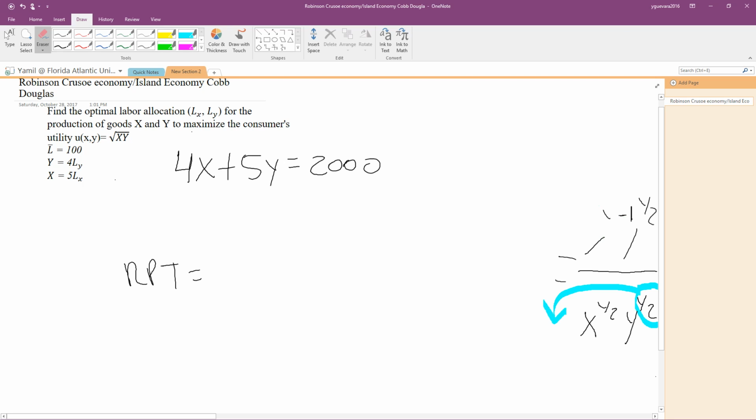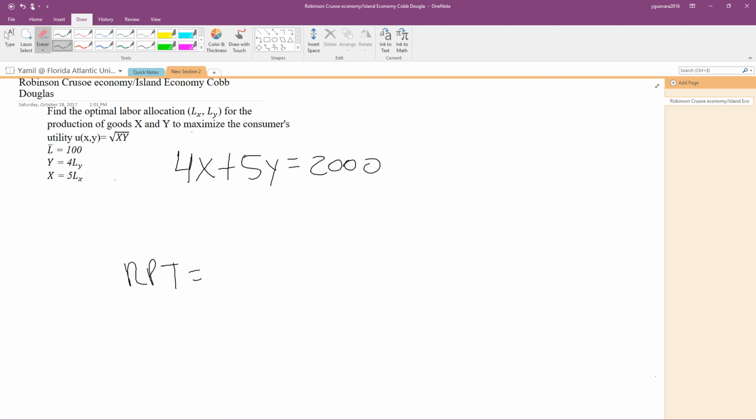Okay, so our RPT, as we found out previously, is y over x. Too simple, right? I know. Life is simple. Life is not complicated. Now we need to find our marginal rate of substitution for our PPF.